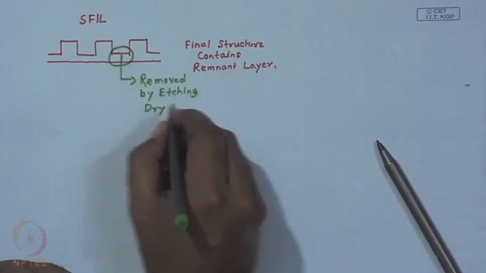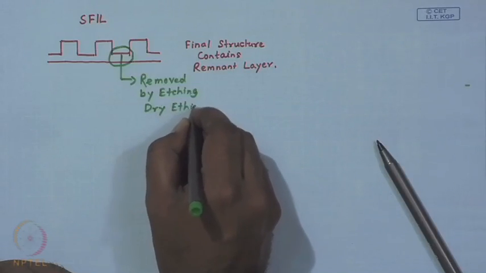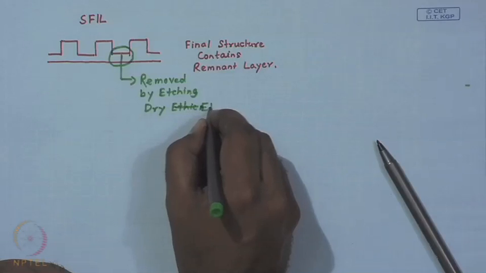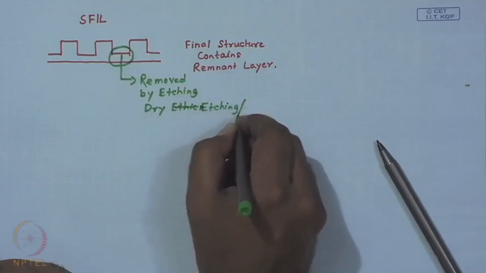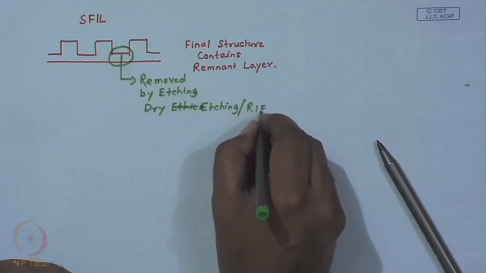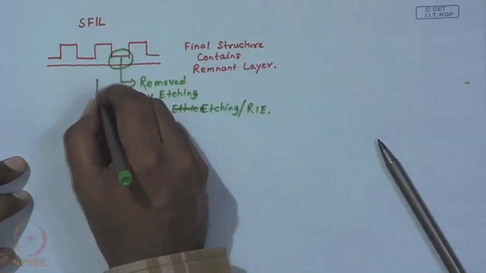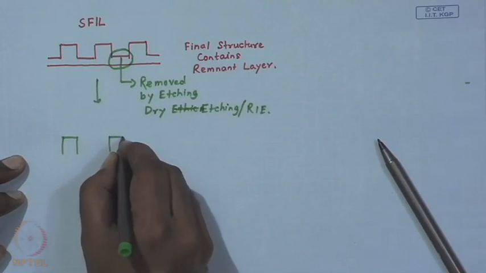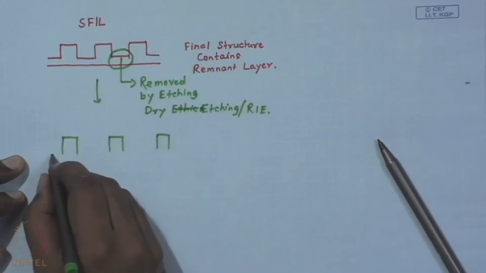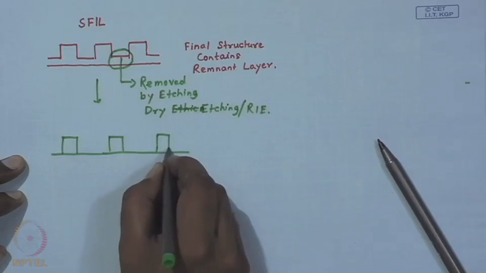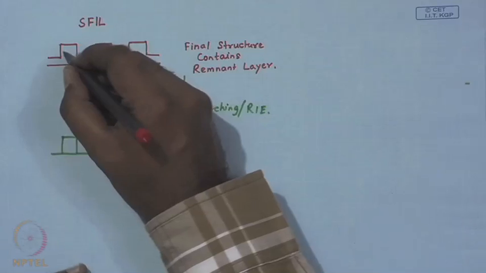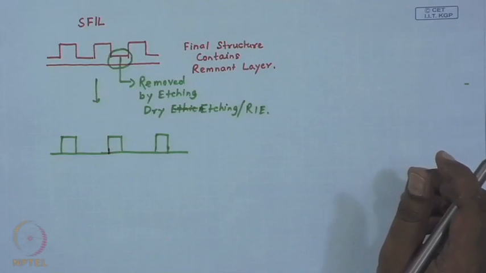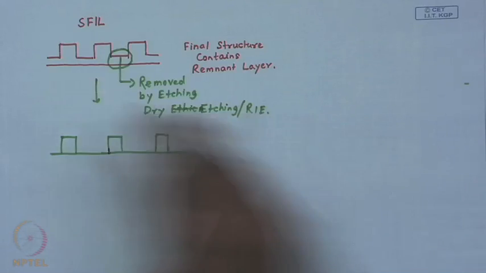Dry etching, or reactive ion etching. So, eventually that way with a combination of etching you can get freestanding polymer structures, and also compared to these patterns your aspect ratio of the structures will also go up.